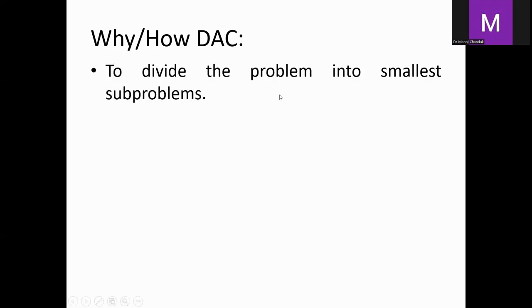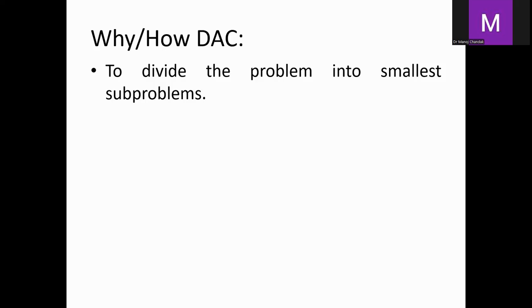Okay, so in this video, we'll try to understand how and why the divide and conquer approach is suitable for solving the maximum sum subarray problem. When we talk about the maximum sum subarray problem, it is essential to solve a problem of the very smallest size, because the size of the problem sometimes decides the complexity.